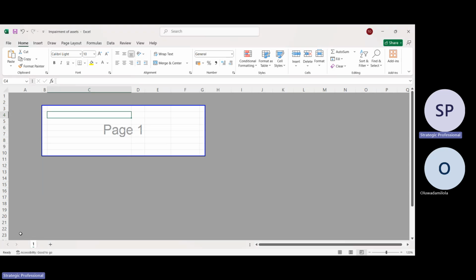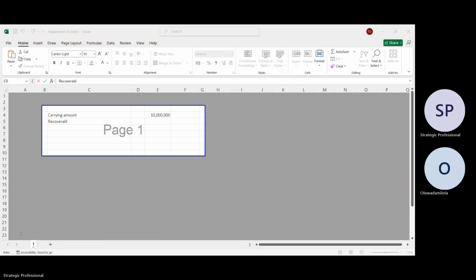So based on that scenario, the carrying amount is 10 million naira. The recoverable amount is 7 million.